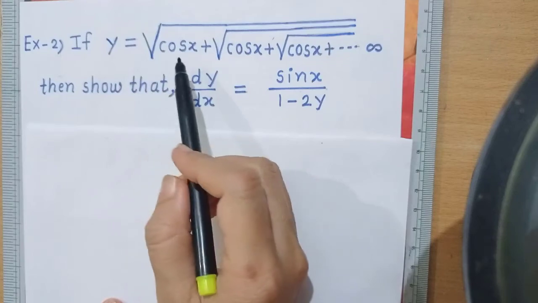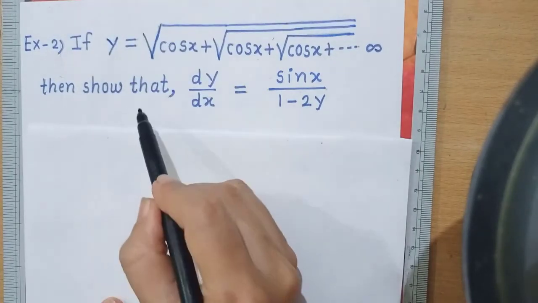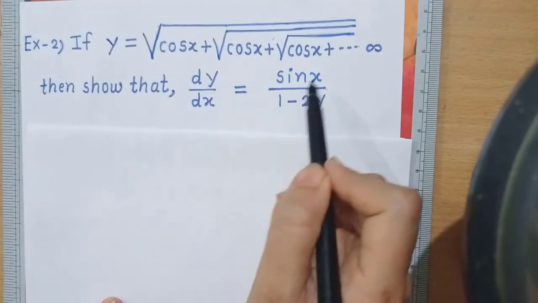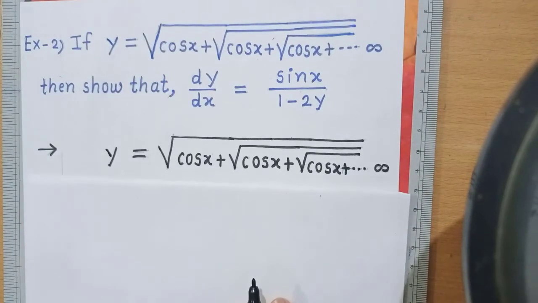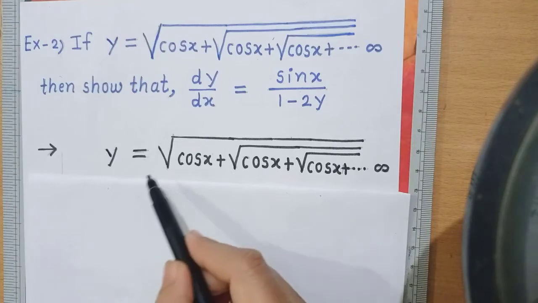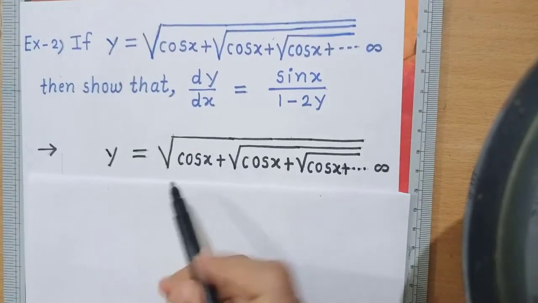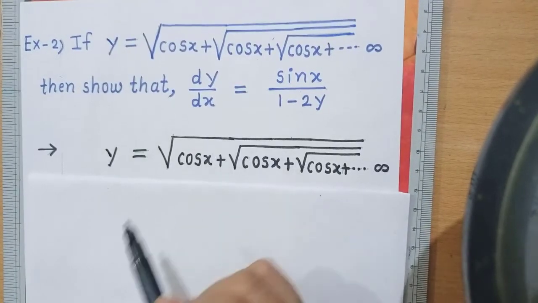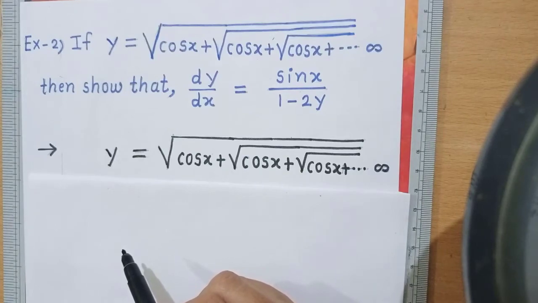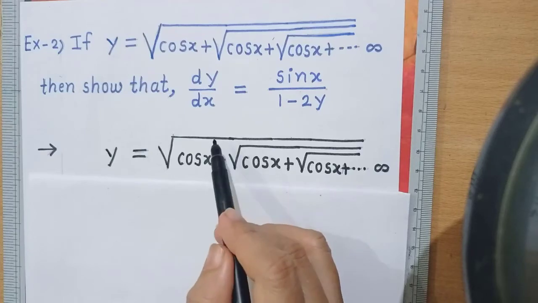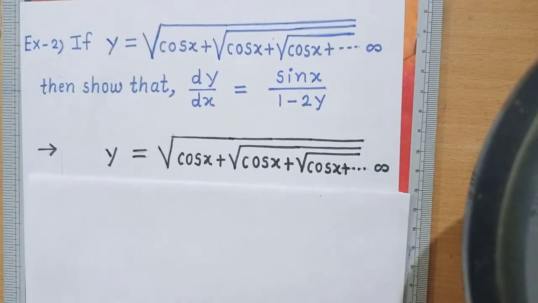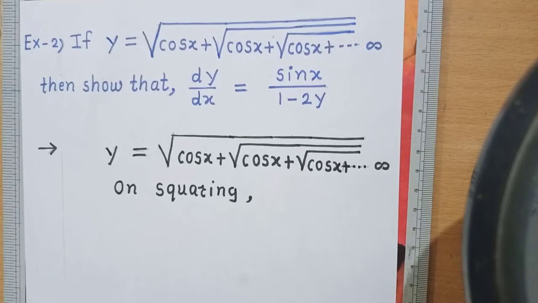Now let's solve this example, and we have to prove dy by dx is equal to this. Now our given function is this, and if we differentiate directly, then it is very difficult to find the derivative of this term. So we have to simplify this first. So we will remove this radical sign by squaring on both sides.